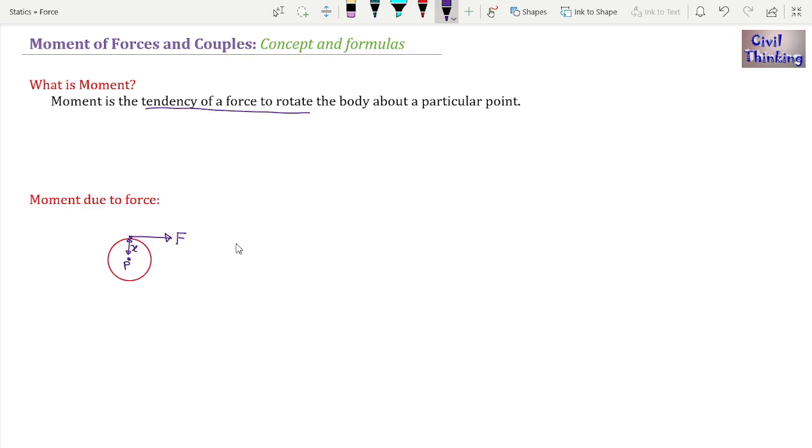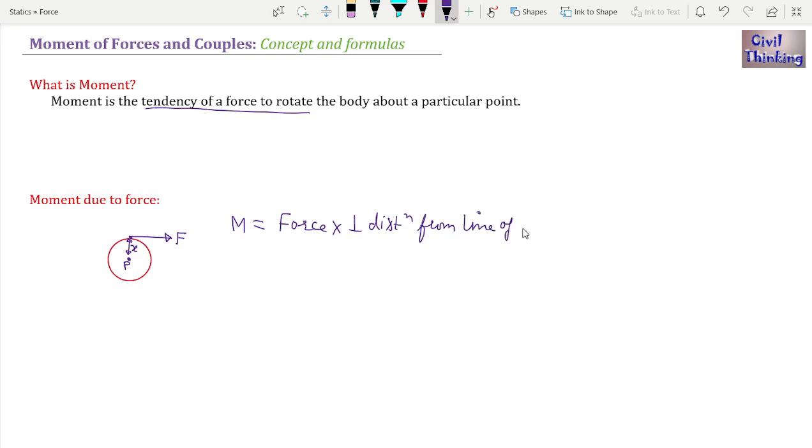Now moment is force multiplied by perpendicular or normal distance. Perpendicular distance from what? Perpendicular distance from the line of action.